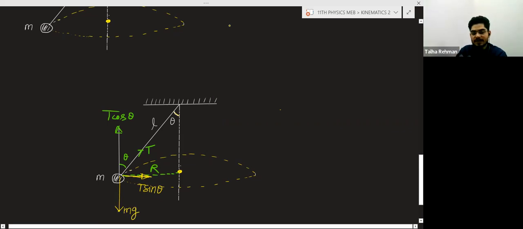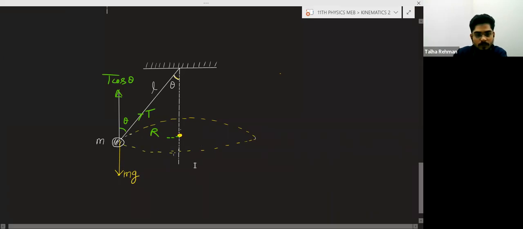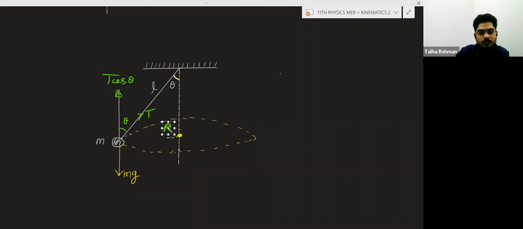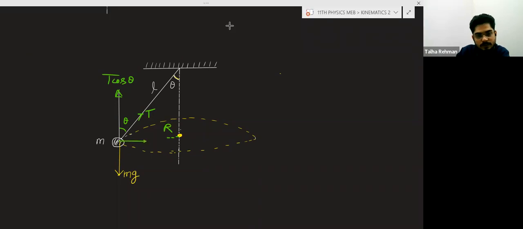That will be another force on this mass. In this direction, this is the force T sin theta.